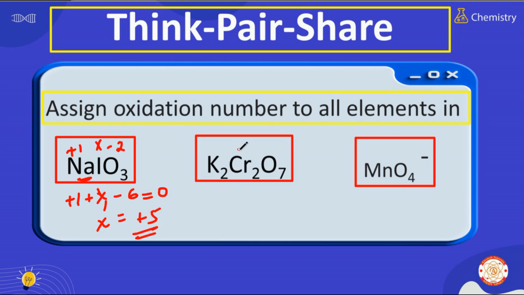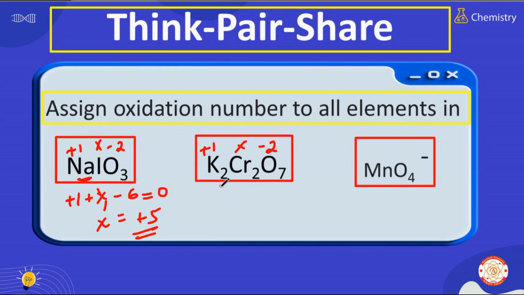Let's assign oxidation states to this compound. What is the oxidation state of potassium? +1 because it belongs to group 1A elements. And I'll assign the oxidation state of chromium to be X. And for oxygen, it is -2.